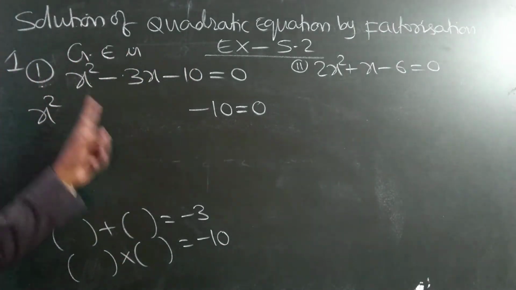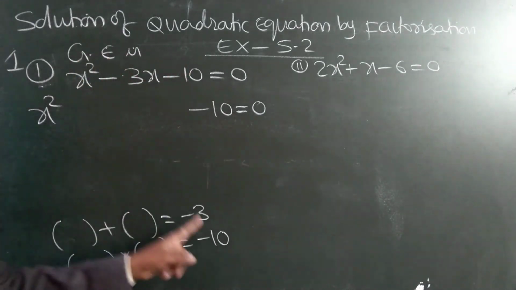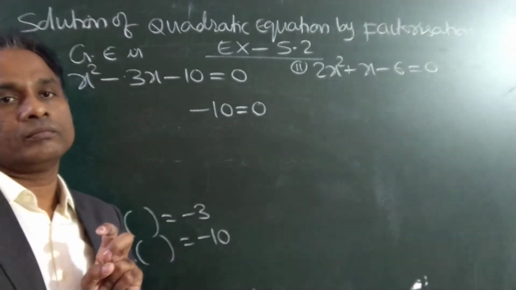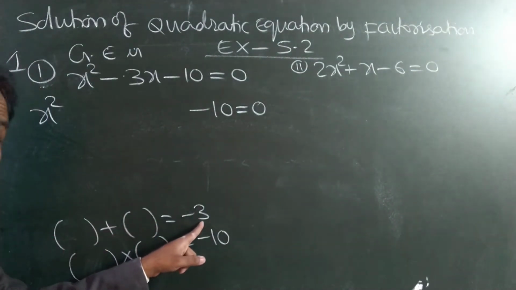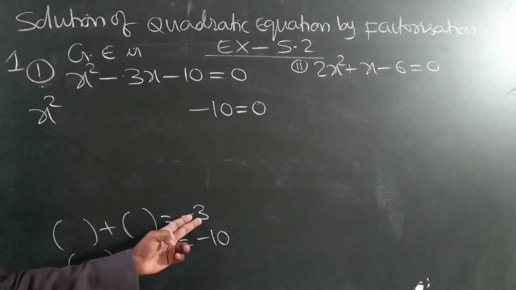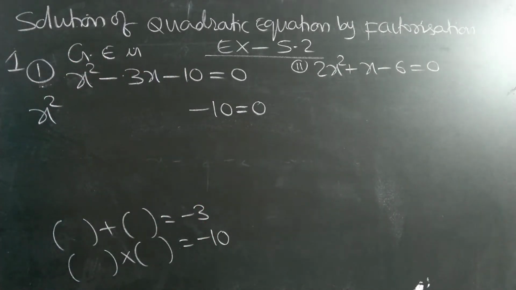Minus 10 into 1 is minus 10. You tell me two numbers. Sum should be minus 3, product should be minus 10. Why minus 3? This minus 3. Why minus 10? Minus 10 into 1 is minus 10.